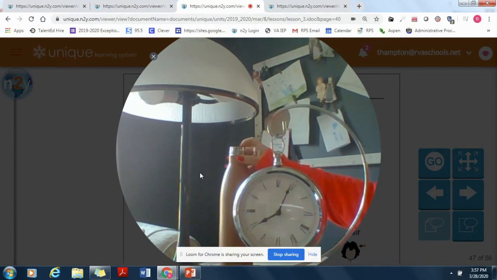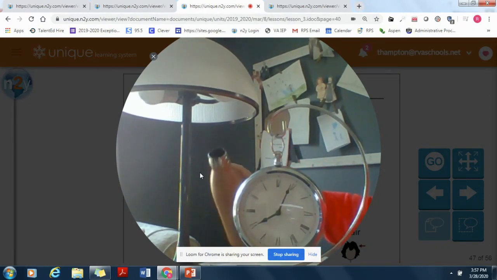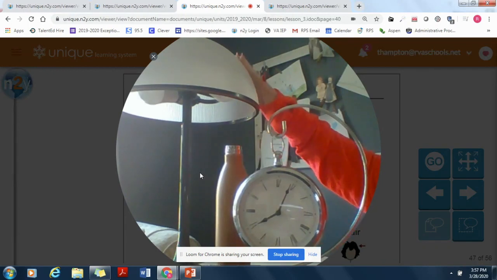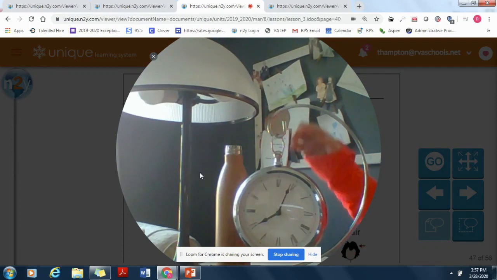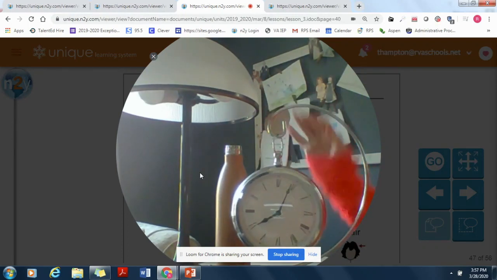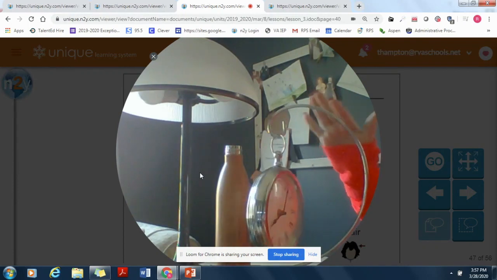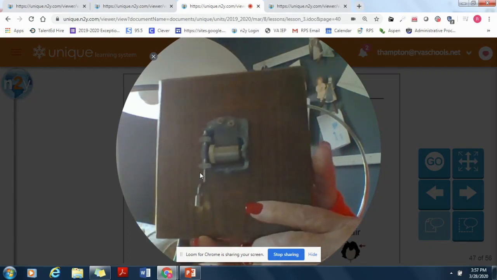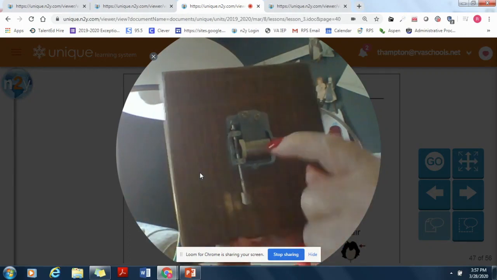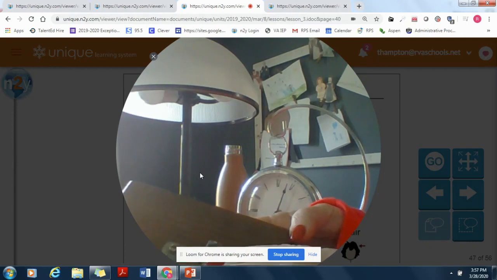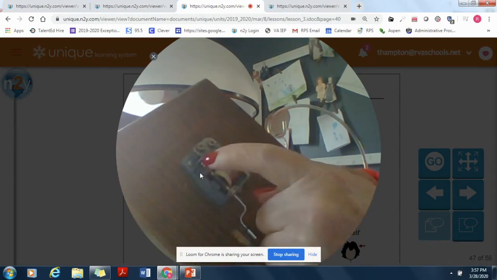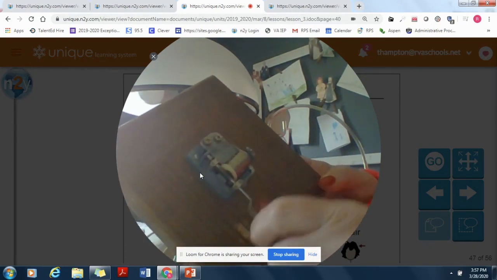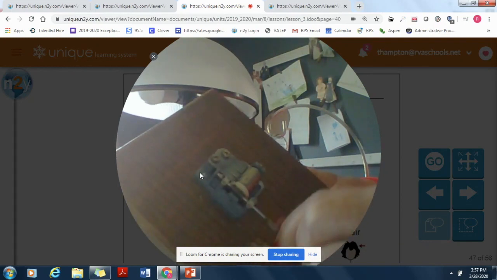Now here we have a metal drinking bottle. We have the glass top of my lamp. We have the metal clock with glass. We're just going to tap on this part. And then we have something really pretty cool. This is a very old example of how you can make sound by using small little pieces of metal to vibrate off of a cylinder.